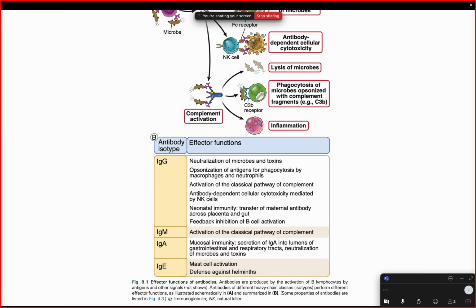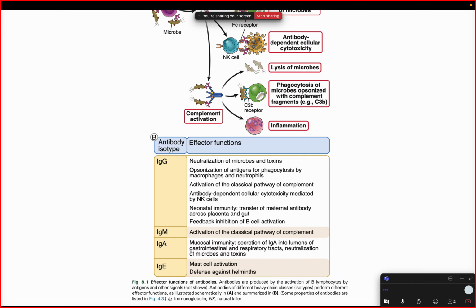So it does neutralization of microbes and toxins, opsonization of antigens for phagocytosis by macrophages and neutrophils, activation of the classical pathway of complement, which we will see today, antibody dependent cellular cytotoxicity mediated by NK cells, neonatal immunity, that is transfer of maternal antibody across placenta and gut, and feedback inhibition of B cell activation.